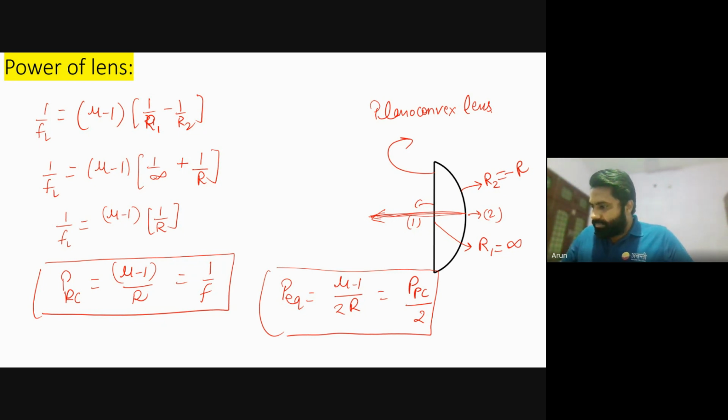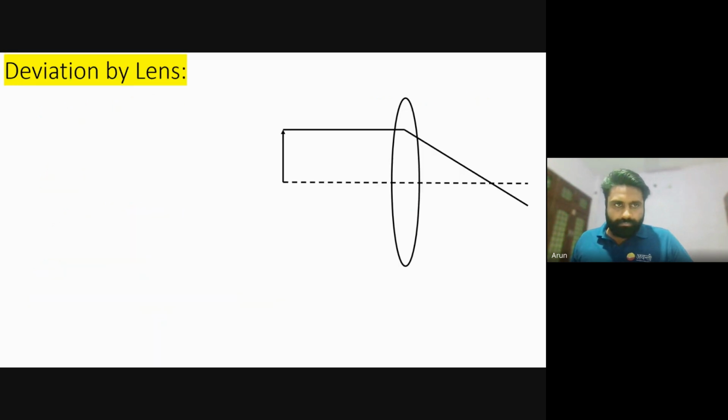Okay. So what do we have? Deviation by a lens. It is a very simple concept. This height you would consider h. This ray should go in this direction if this lens is not present.